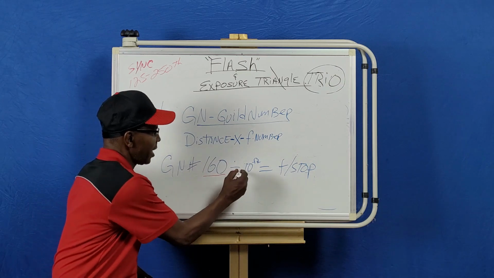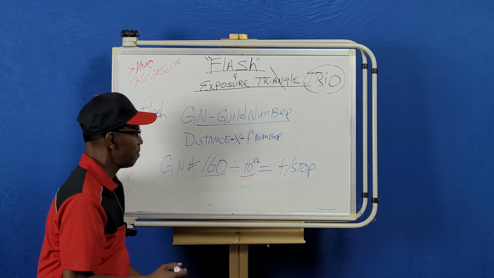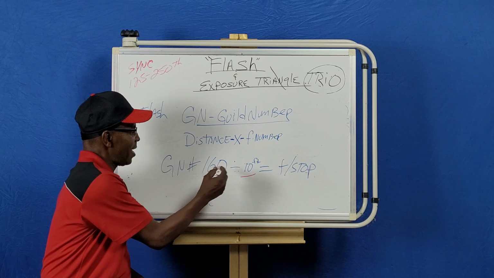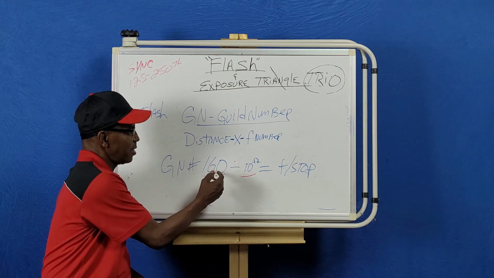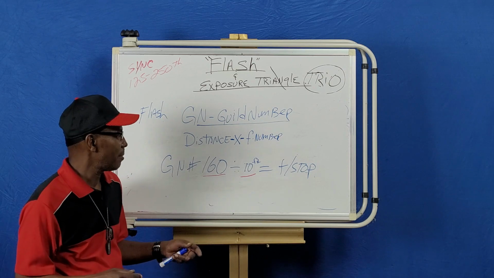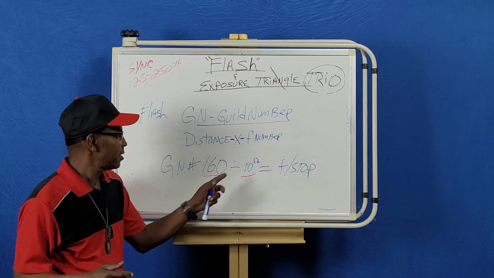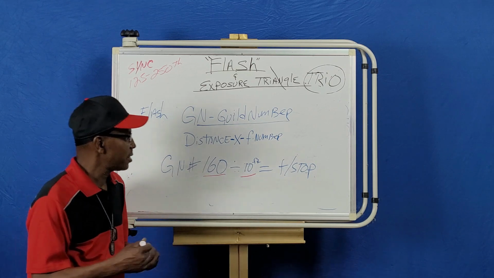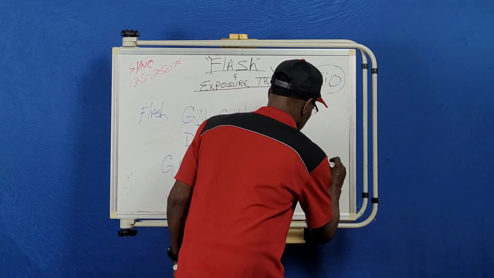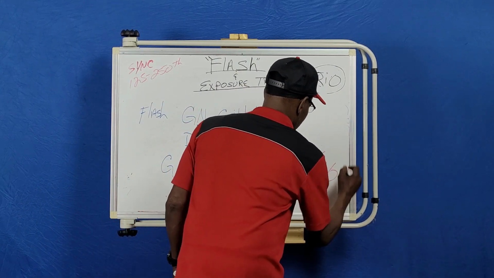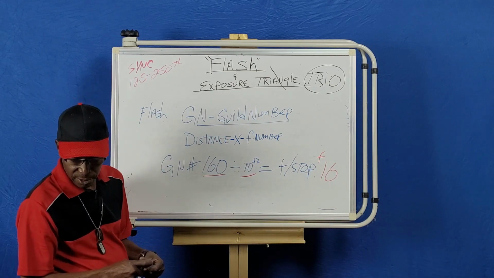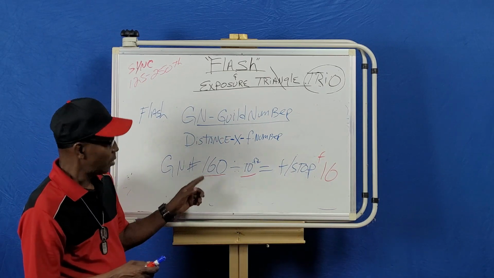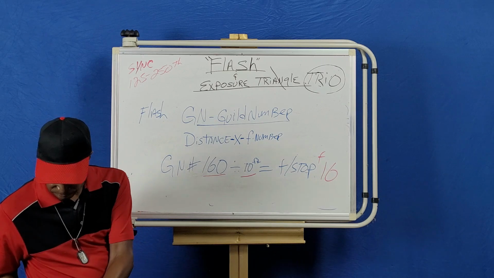Your subject was at 10 feet, you would have to divide that into your guide number, and that will give you your working f-stop. So who's really fast? 160 divided by 10 is what? It'll be an f16. So that's what we would have to go by, what guide number it was.